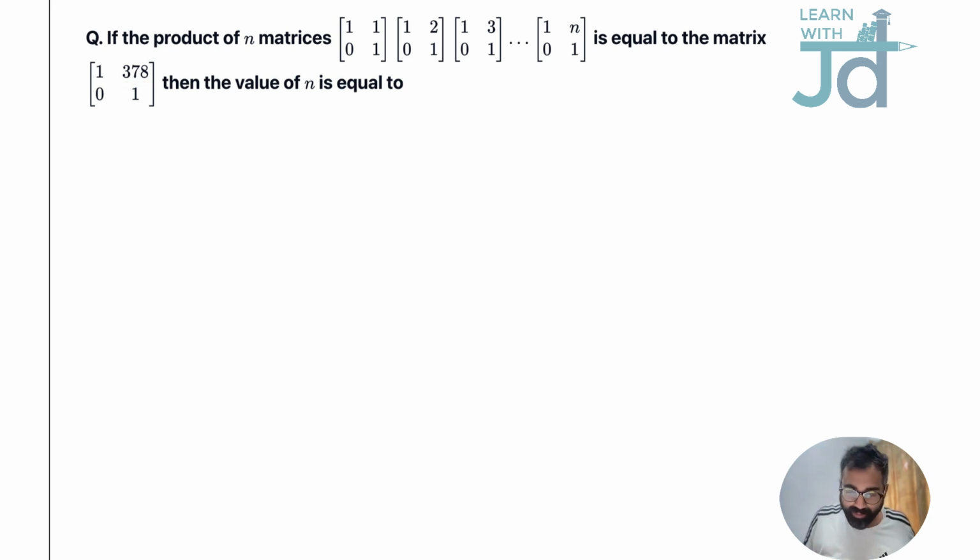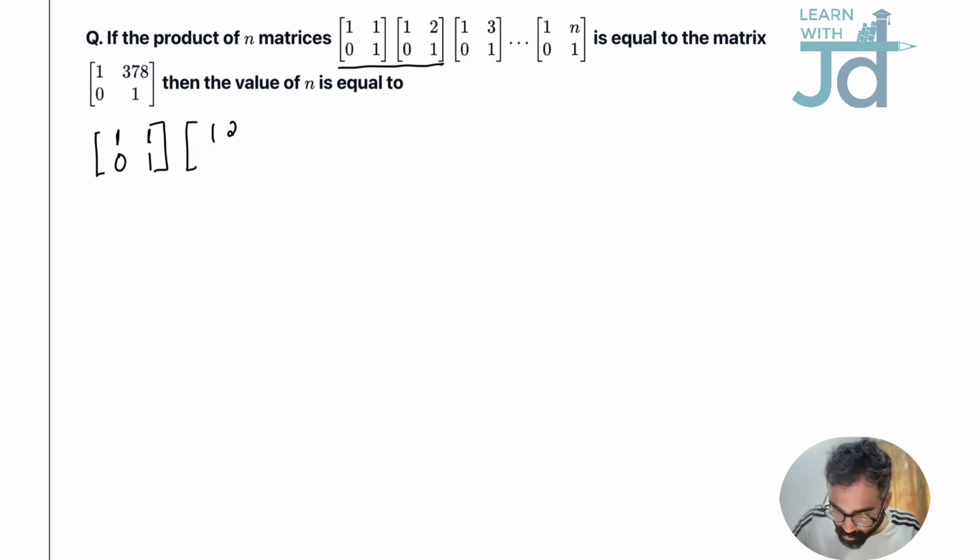So how to bring a relation? So let us see. First let us take the product of these two. Okay, 1 1 0 1 and 1 2 0 1. Now since you know all this, I'm going to multiply like this. So 1 into 1 is 1, 1 into 0 is 0.